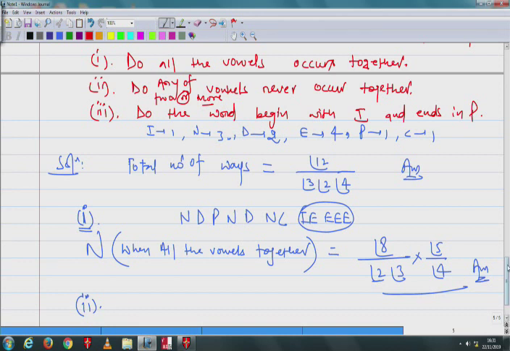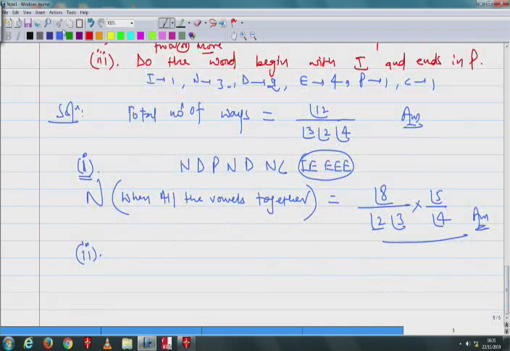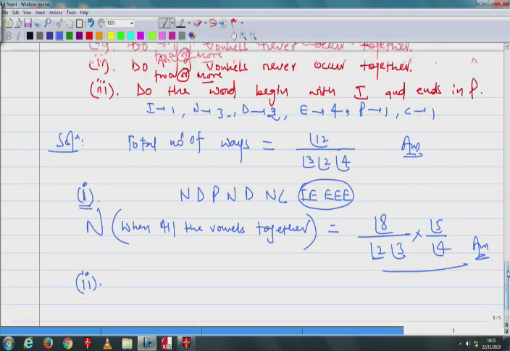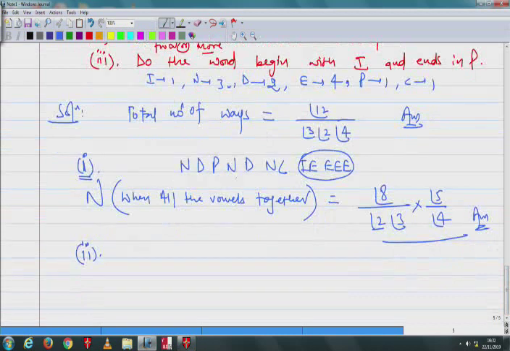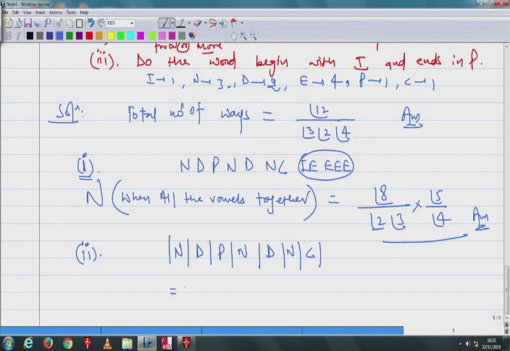Is it clear? So this will be solved with the help of the gap method, right? Guys, what is the gap method? Gap method says, let's arrange first of all the unrestricted elements. So those are N, D, P, N, D, and C. How many gaps will you get? 8 gaps.